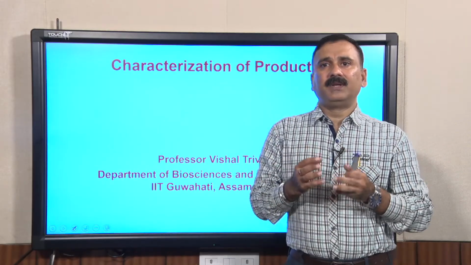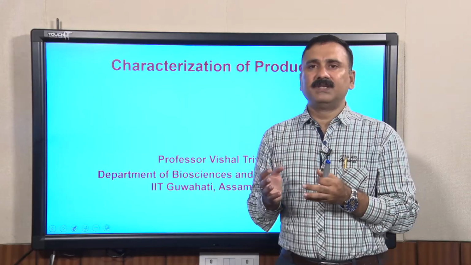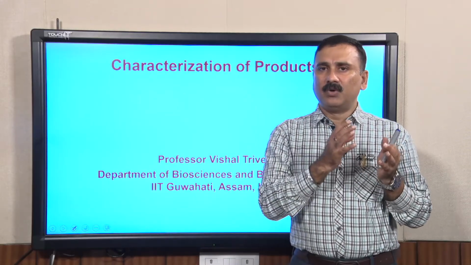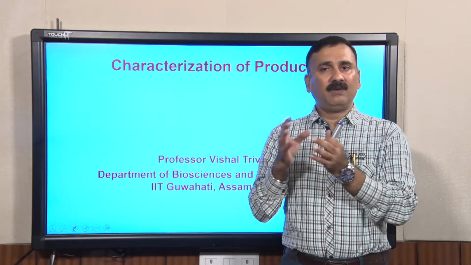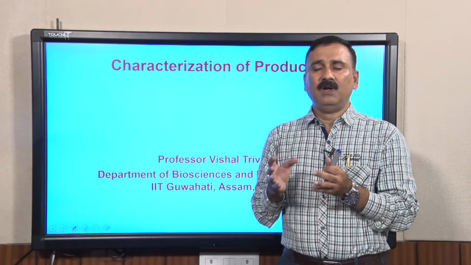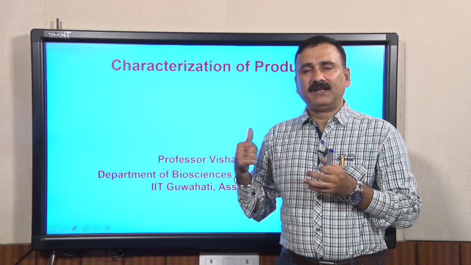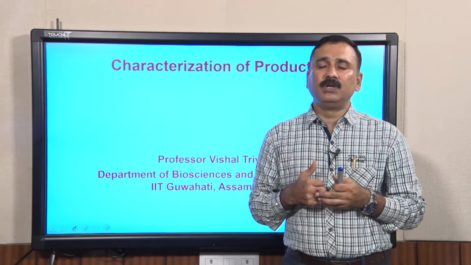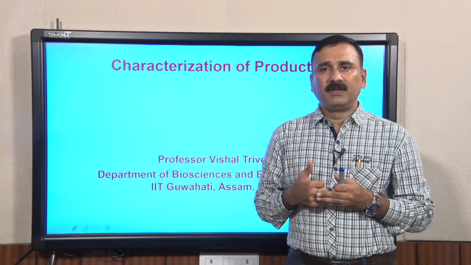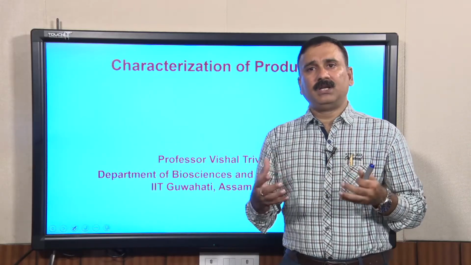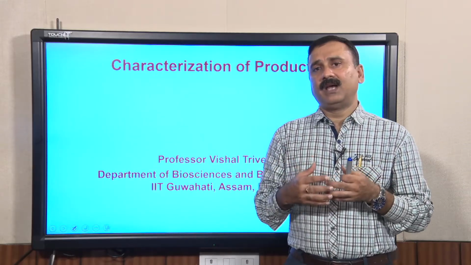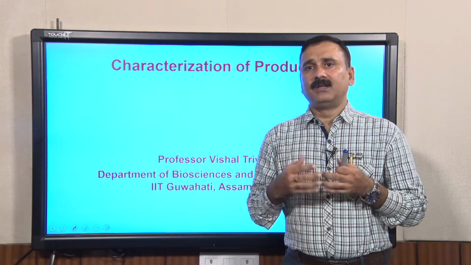So, for this purpose, so far we have discussed protein sequencing, to know that the protein you are getting from the host is the right protein. In addition to that, in the previous lecture we discussed how UV visible spectroscopy, or in general the spectroscopic techniques, can be used to characterize the product.